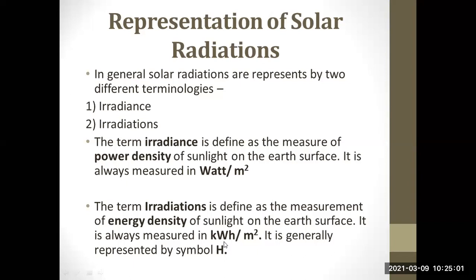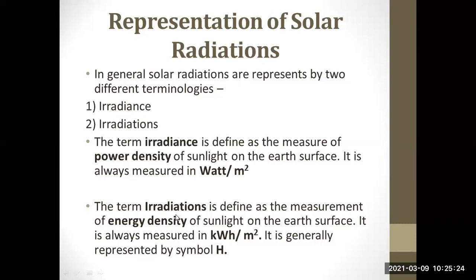So I want you to write down these two definitions in your notebook. Write down the definition of irradiance and the definition of irradiation. Irradiance, which is nothing but the measure of power density of sunlight on the surface of Earth, and it is always measured in watt per meter square.